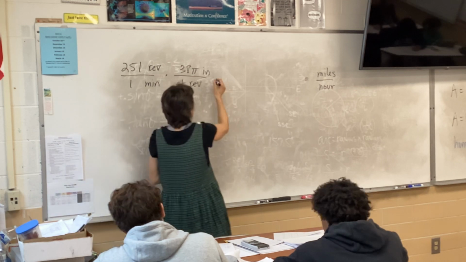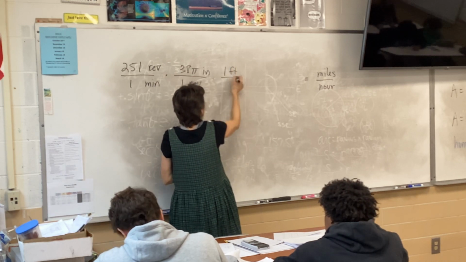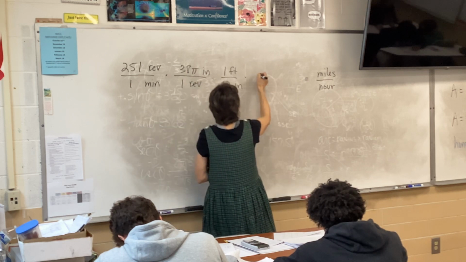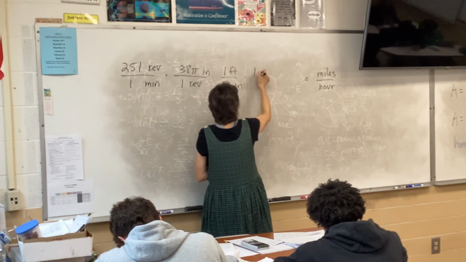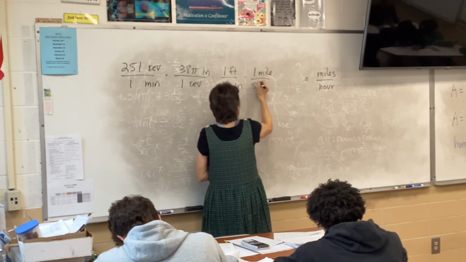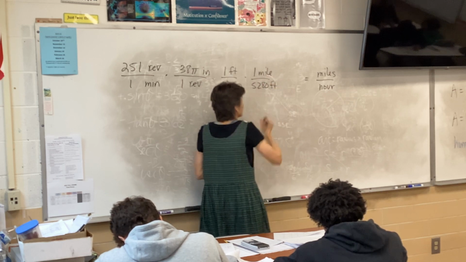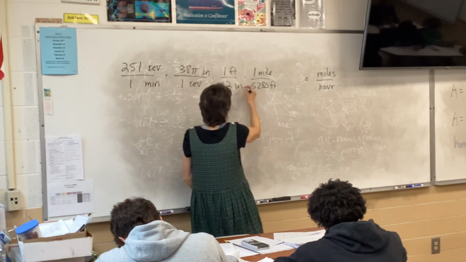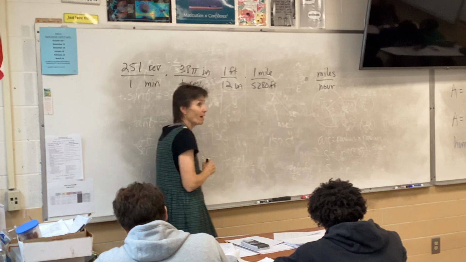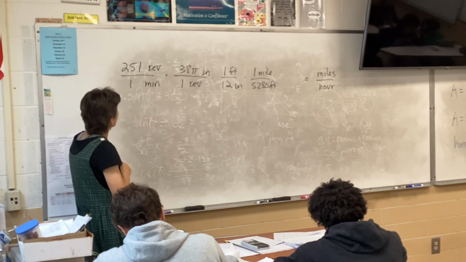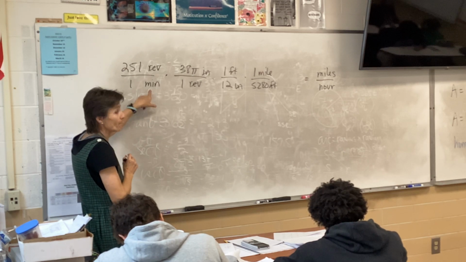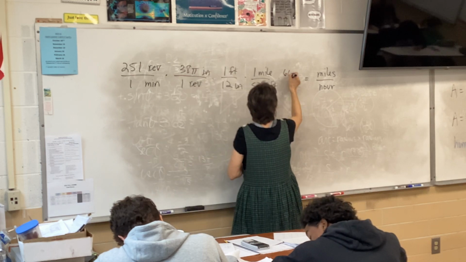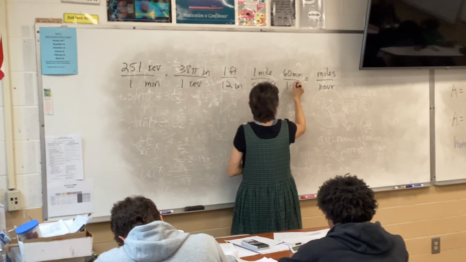Okay. So 1 foot is 12 inches. Are you with me? And 1 mile is 5,280 feet. So now I have miles. I need hours, I have minutes. So 60 minutes is 1 hour.